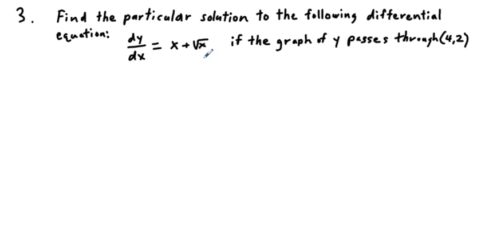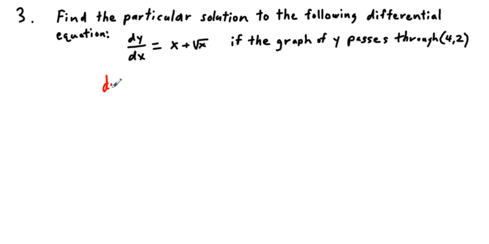Find a particular solution to the following differential equation. We have dy dx equals x plus square root of x if the graph of y passes through 4, 2. The first thing we're going to do is separate the variables. To do that, we're going to multiply both sides of this equation by dx.